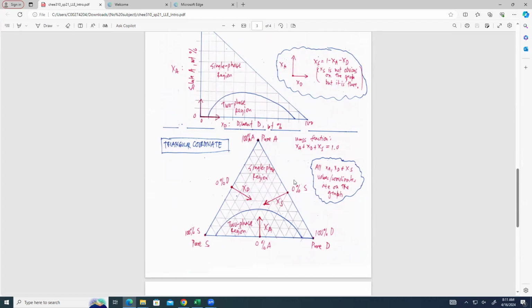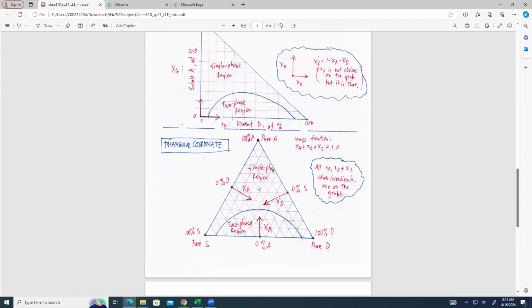So to talk a little bit about the triangular coordinate system, the way that you would read this is at each point is a pure substance, A, S, and D. This curve right here represents the two-phase region, where the concentration points within this curve are where you'll have that light layer and that heavy layer.